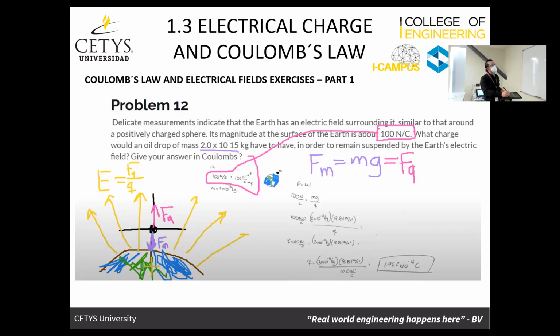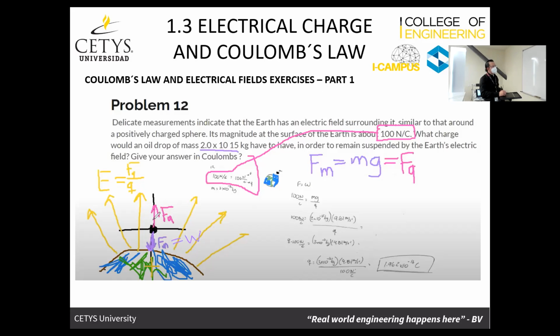So we know that if we do a free body diagram here, which is what we're seeing here, this is the drop of oil. There is going to be a force going downwards, which is the force that has to do with the mass, which is also equivalent to the weight.